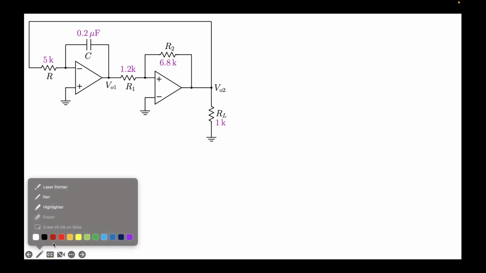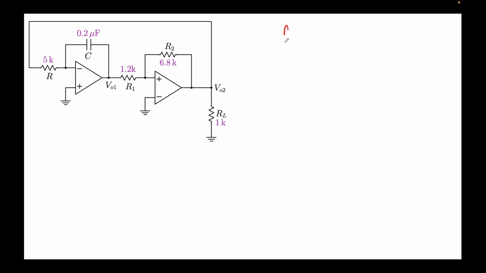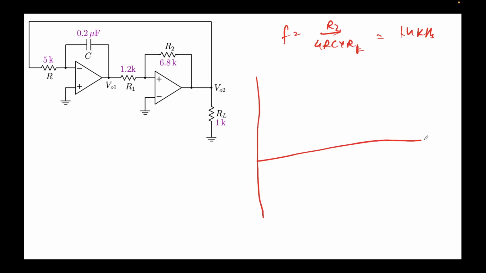So I know frequency was R2 over 4RC times R1, which will come out to be 1.4 kilohertz. This is R1, right? So it is coming out the same, but why? So we need to see that. So let me draw this. This is with respect to time.